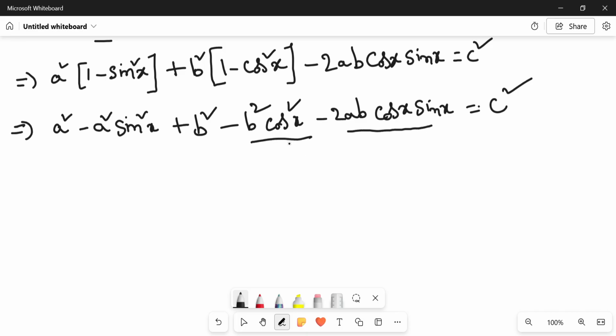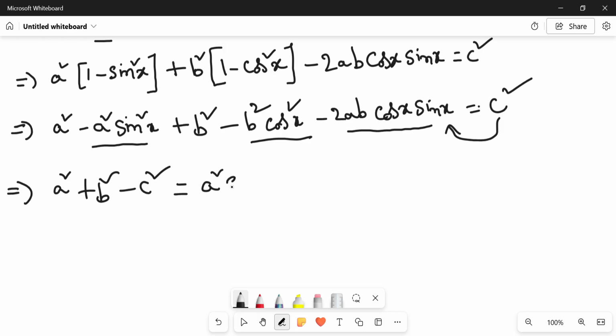Whatever negative terms are there, you send to the other side, and we will swing the c square towards this side. So when I do that, I have this situation: a square plus b square minus c square. I am swinging the c square to this side and taking all the negative terms onto the other side. These three are the negative terms, those three I am taking to the other side.